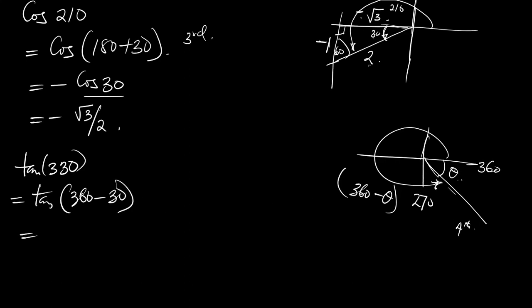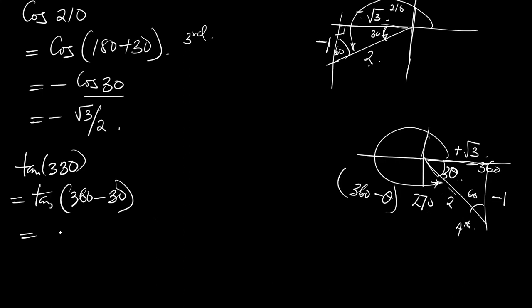So now here is minus, here is plus. So here is 30. Here is 60. So this is minus 1. This is 2. This is root 3. So that means tan is negative here.